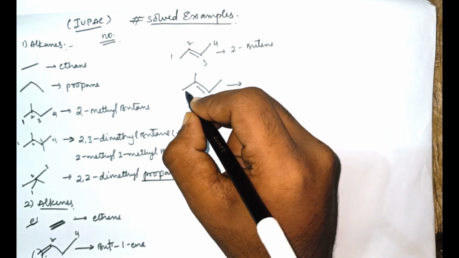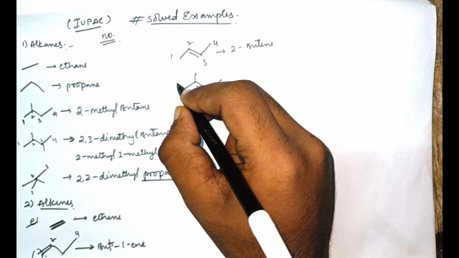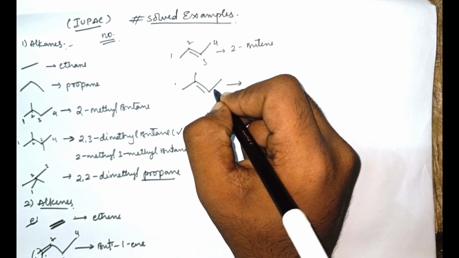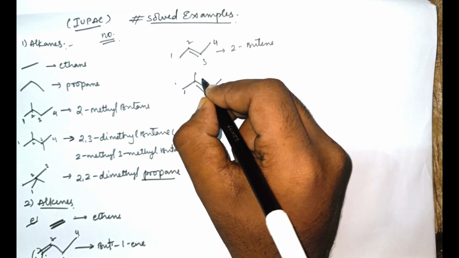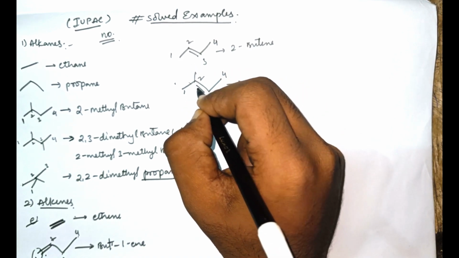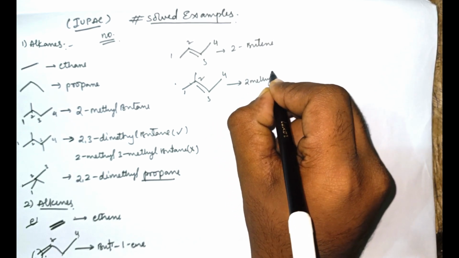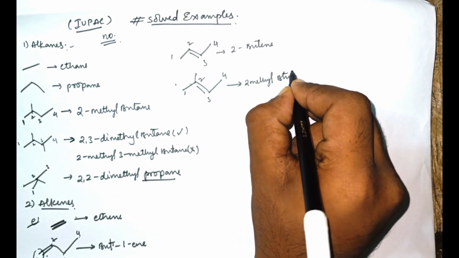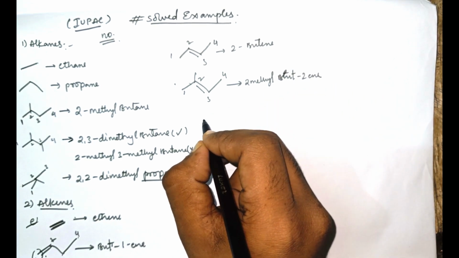Now we must give numbering according to the double bond priority, and including the substituent, you must keep this in mind. If I give the numbering like this: 1, 2, 3, 4, at the second carbon the methyl is present, as well as the double bond. Hence, I give the name as 2-methyl 2-ene.